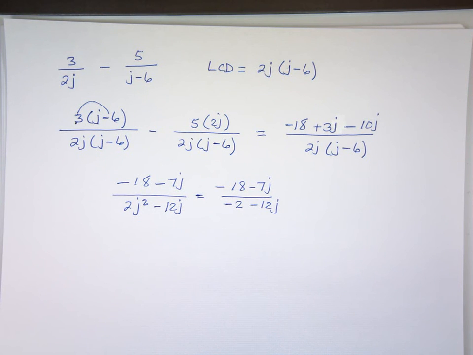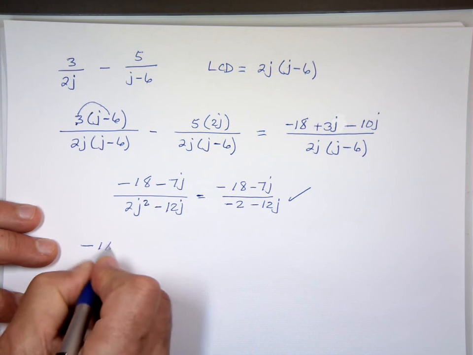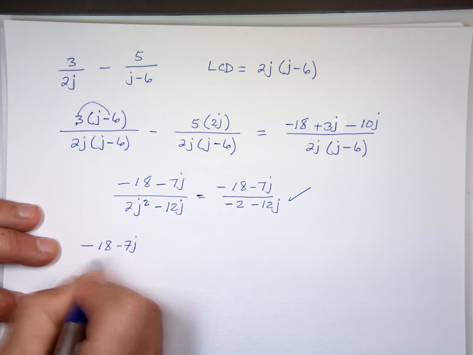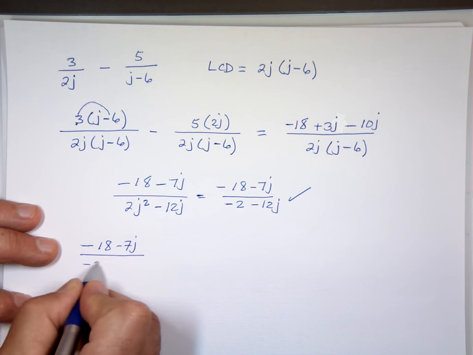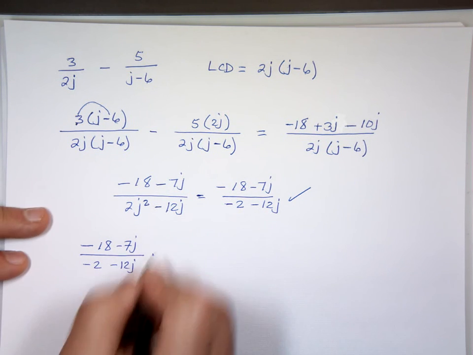Now, if they don't like that answer, you can always rationalize it. So this is good, but if they want to rationalize that, then you've got to multiply the top and the bottom by negative 2 plus 12j.